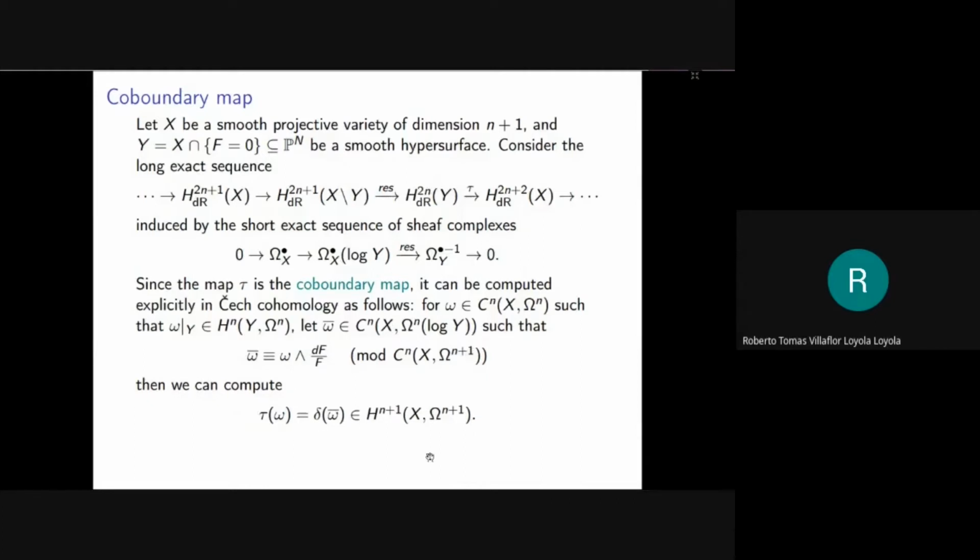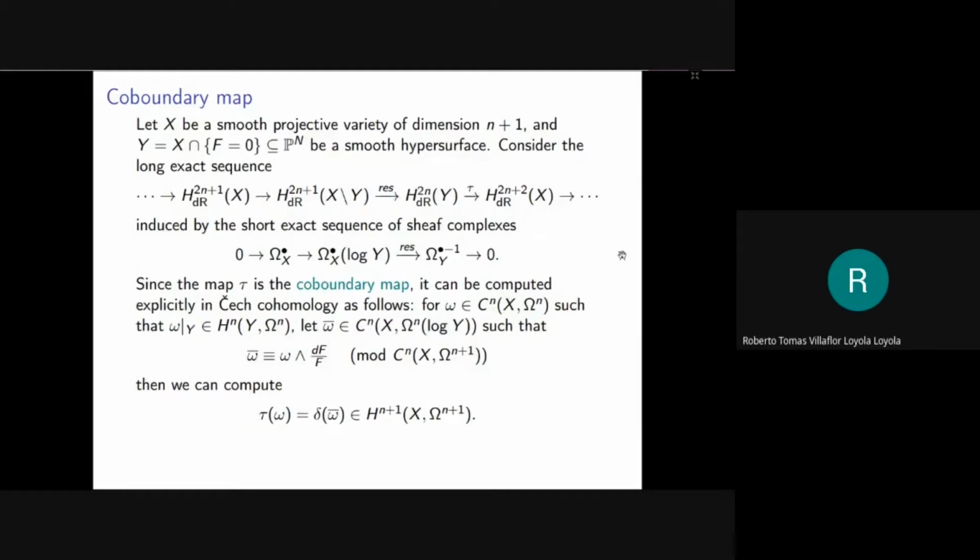So we have this nice description of the coboundary map tau, but on the other hand, we know the topological description of this map tau. It is just a cup product with the usual polarization of X, given by, for instance, this embedding inside this projective space.